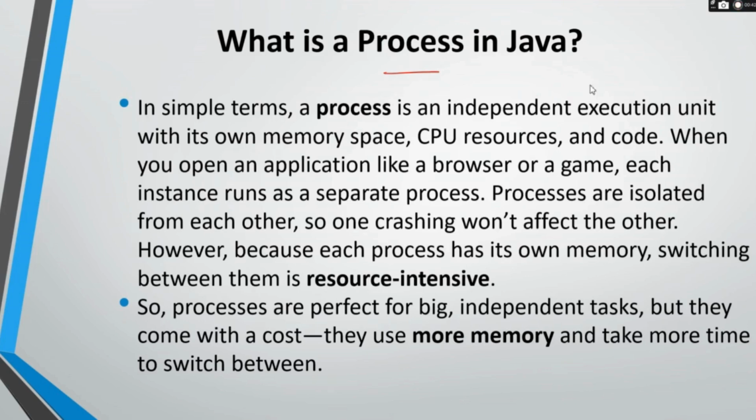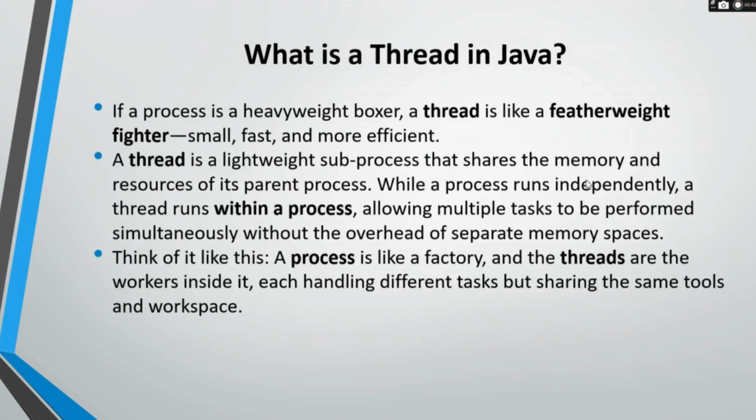So let's take up another topic, which is threads. A thread is very lightweight. So we can say switching is faster, because it's a sub part of the process. It's small, fast, and more efficient. A thread is a lightweight sub process that can share the memory and resources of its parent process.